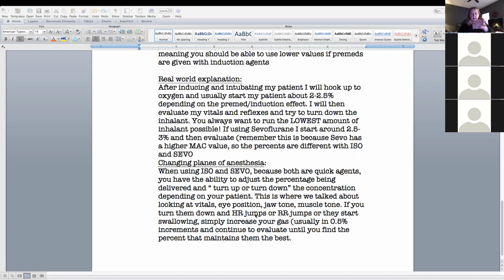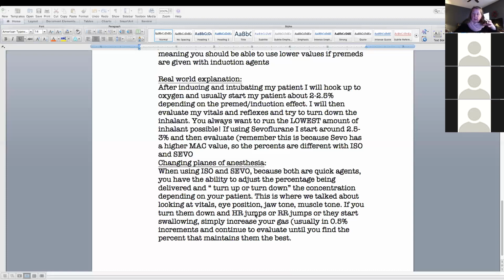When I worked up in Anderson with a criticalist, we would take animals to surgery, sometimes pretty sick ones, on emergency. His goal was, I don't want my patients higher than 2.5%, and we were using sevoflurane at the time. If you have to turn them up above 2.5%, we've got to give them something, maybe some more hydromorphone. Remember, these gas anesthetics have no analgesic effect.